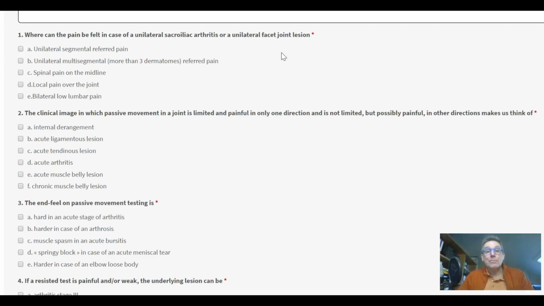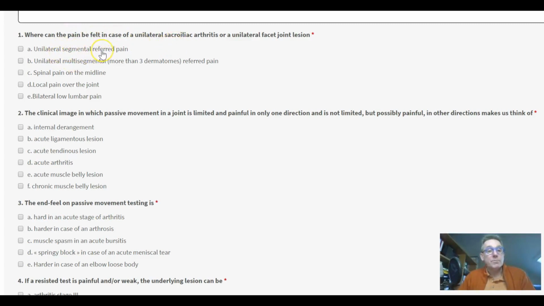The second rule: there are some rules of referred pain. Soft tissue lesions refer pain in a segmental way, so that means in a specific dermatome. There is an exception to that rule, the dura mater, but we talk about that later. So if you look at the answers, well, where can you feel pain in those cases?